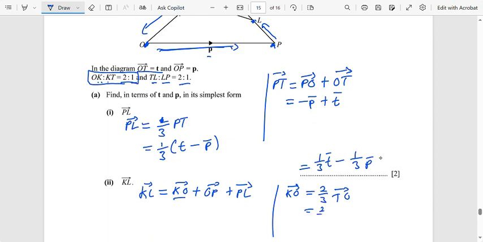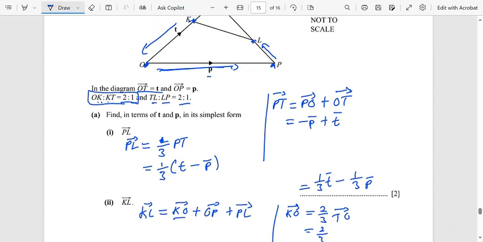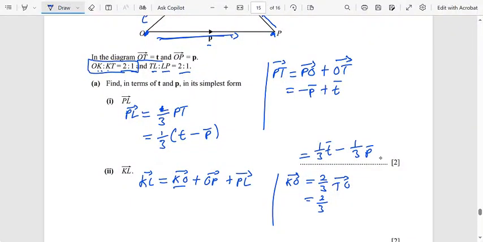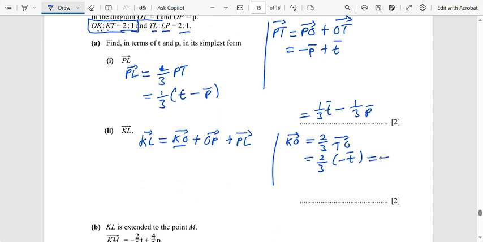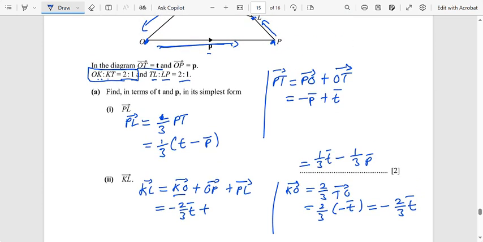So vector TO is opposing vector OT because I have vector OT as T. So vector TO would have to be minus T, which is equal to minus 2/3 vector T. So that's vector KO. So that's what I'm going to put here. Minus 2/3 vector T plus vector OP, which is P. Then plus vector PL. So vector PL is a third T minus a third P.